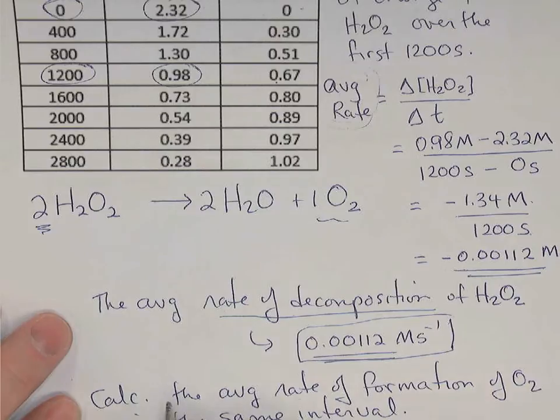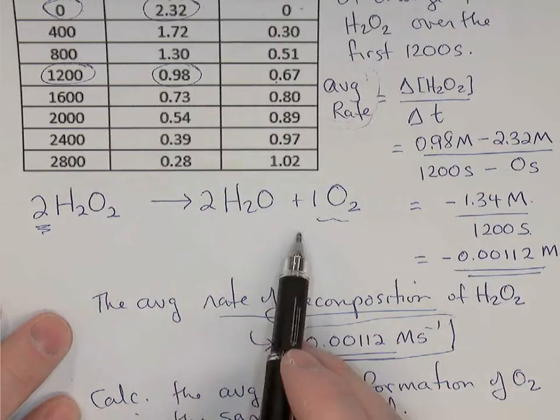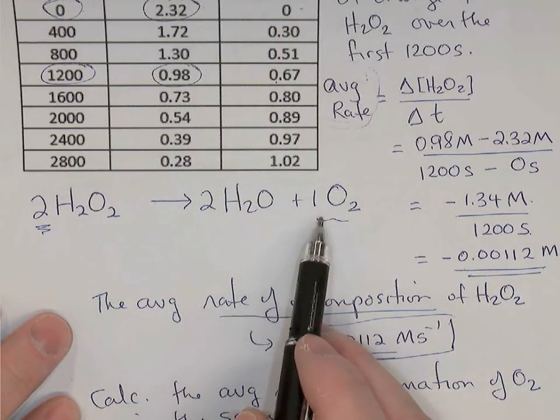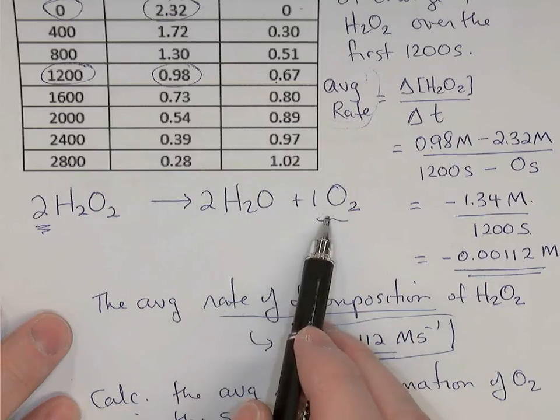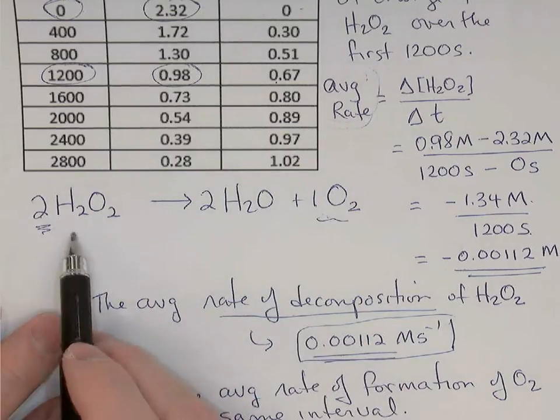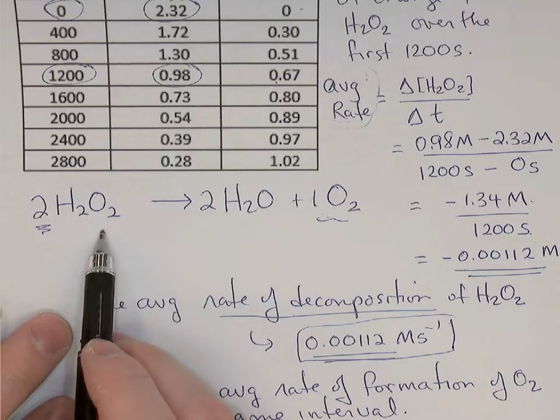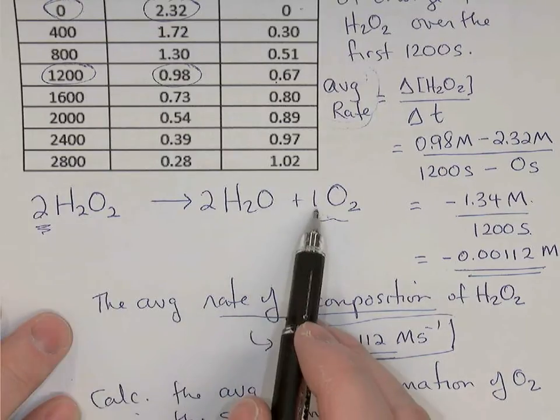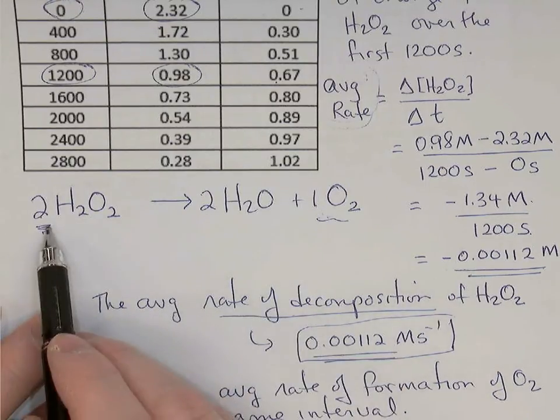Therefore, just from the balanced equation, we could see that the rate of formation of oxygen is going to be 1/2 the rate of decomposition of peroxide, because of that ratio, 1 oxygen for every 2 peroxides.